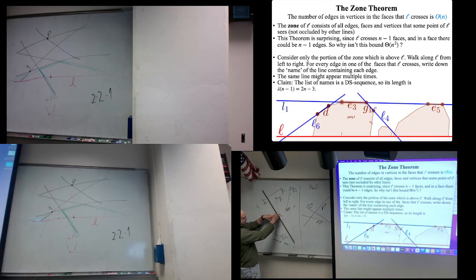Now, I'm going to do the angular sweep. And I'll sweep not with a ray, but with a line. It doesn't matter. I'll sweep with a line, not with a ray. This sweeping line is going to rotate. But when I freeze it for a moment, it became a point.